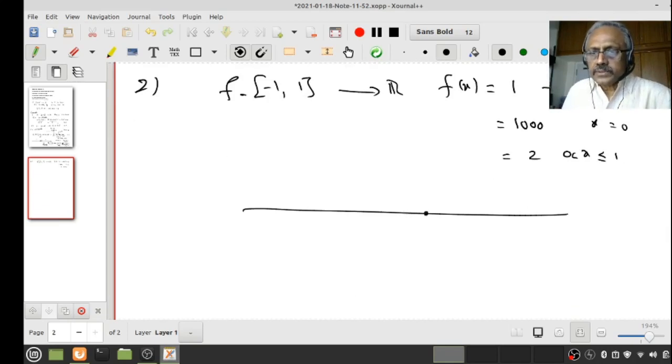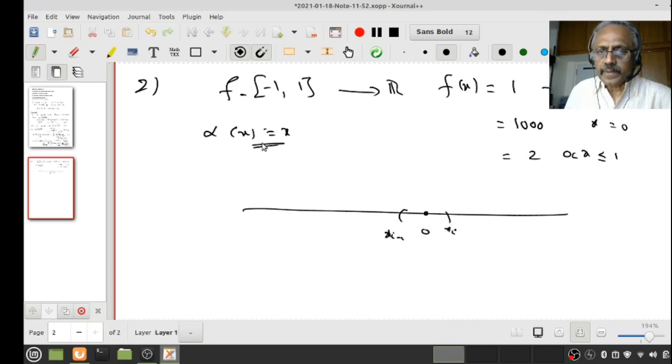Now whatever partition you take, if my 0 happens to be in the interval xi minus 1 to xi, you see that alpha is x, alpha of x equal to x if you want.